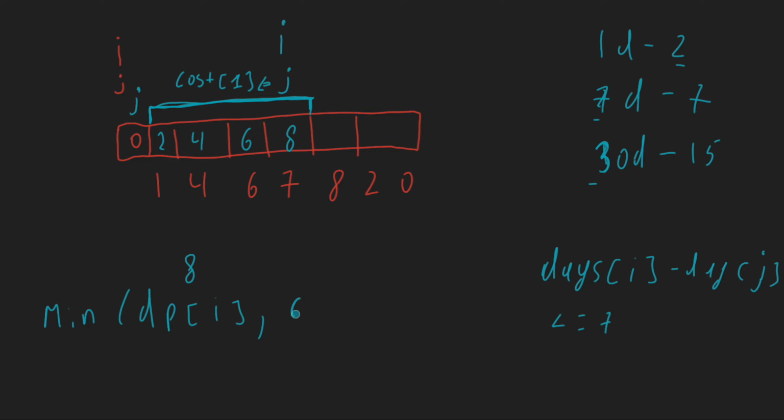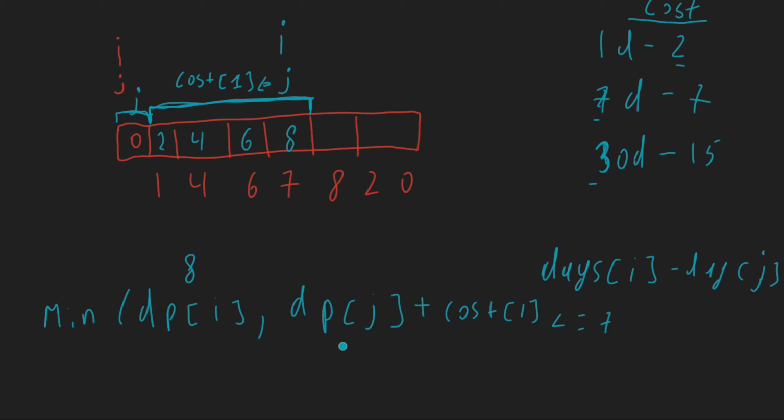So we are doing dp j plus whatever the value of cost 1 is.